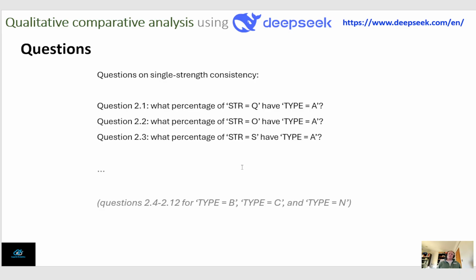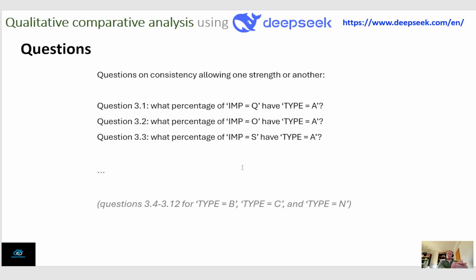That's a simple copy-paste. What we also want to know are questions on consistency allowing one strength or another. Because remember that we have a column in the data, or a vector in the data, which specifies the skill that was listed as an area of improvement for the given participant. That was, again, either questioning or opening or summarizing. If someone has questioning as an improvement, what is the strength for that sales rep?